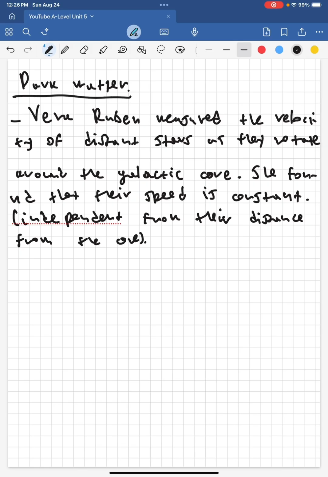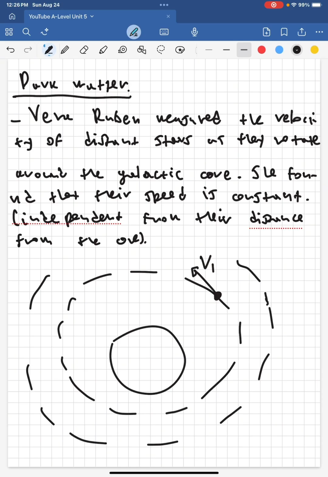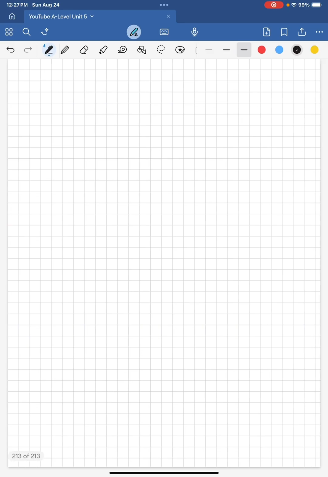Okay, this is the implication. So pretty much if this is the galactic core and this is some stars far away from the galactic core, she found that if this is V1, say, this is also V1, which doesn't make any sense, okay? Let's go see what happens in our solar system.